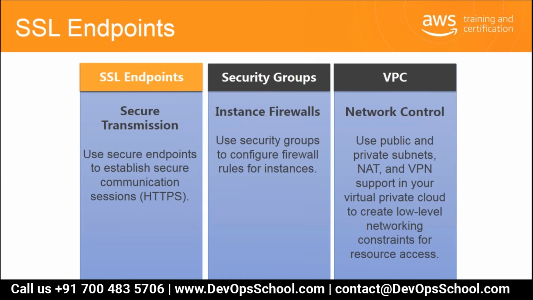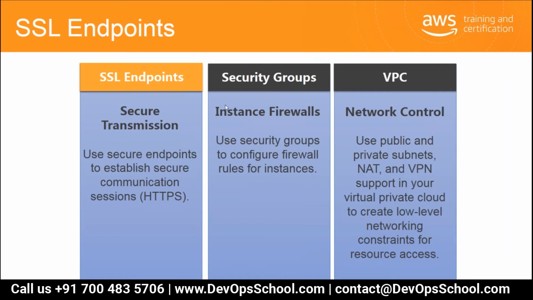It also uses SSL and TLS based encryption, and SSL encrypts the transmission, protecting each request and response sent and received at AWS. So your data in transit and at rest in the AWS infrastructure is secured using SSL endpoints and security groups. First of all, I'm talking about SSL endpoints.